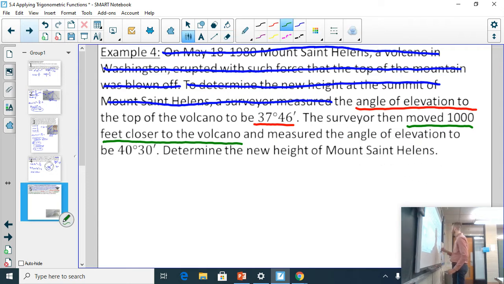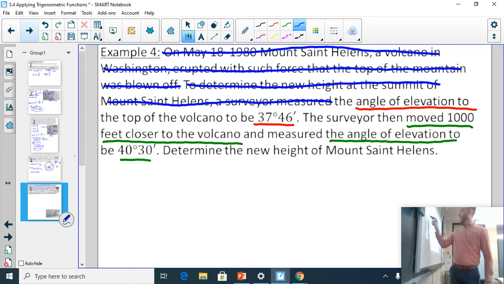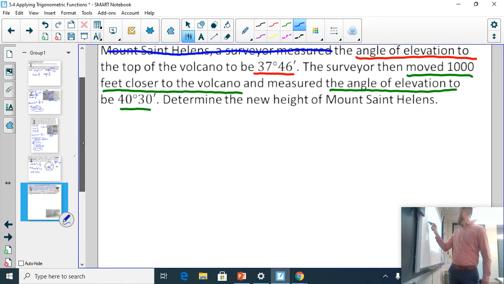That makes a little more sense. The new angle of elevation to be 40 degrees and 30 minutes. Determine the new height of Mount St. Helens. So for something like this, I like to draw a picture.